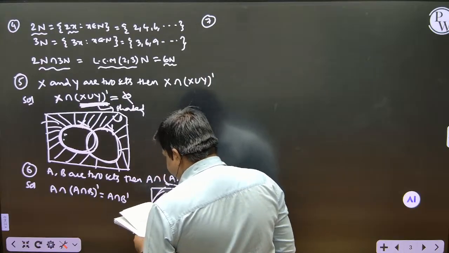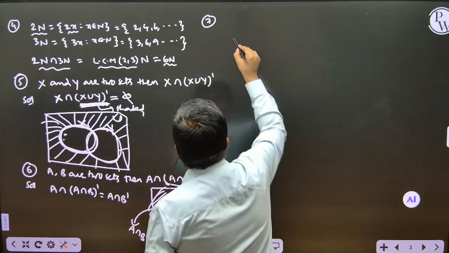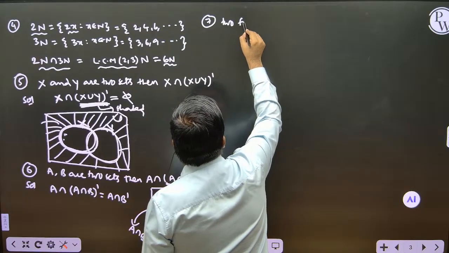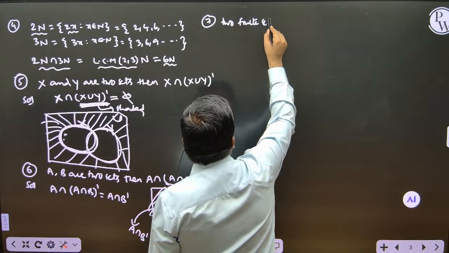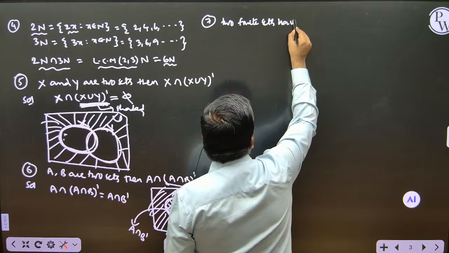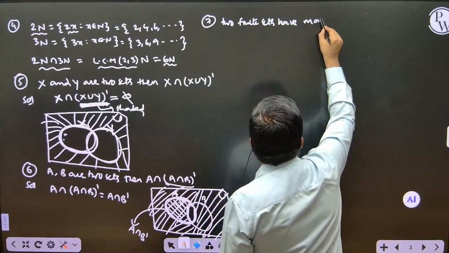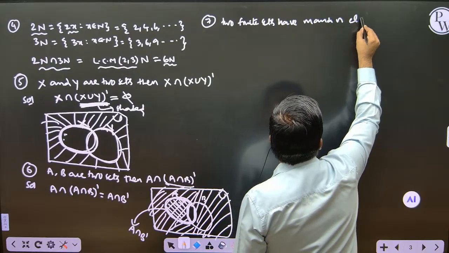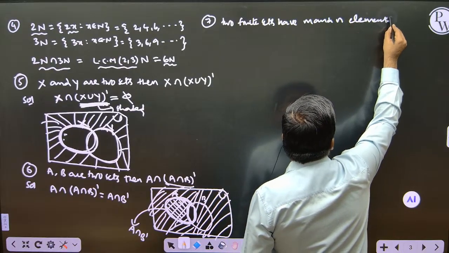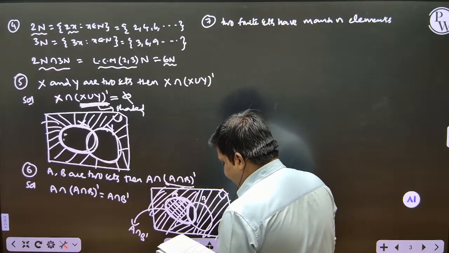Question number 7. Two finite sets have m and n elements.